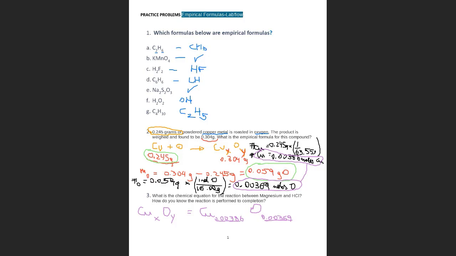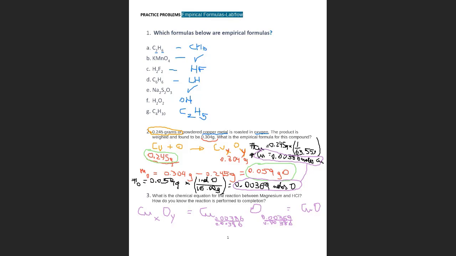In this case, 0.00369. Dividing 0.00386 by it, I round it, and my empirical formula is 1, 1. So this is the answer.